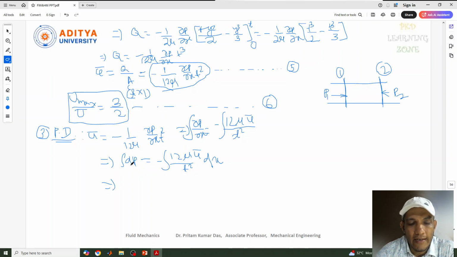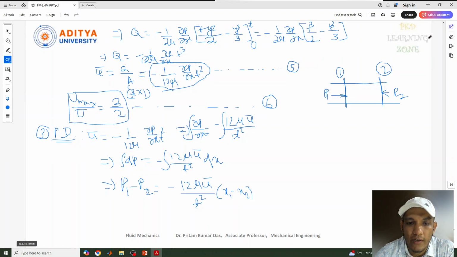See this in dp, the change in pressure, after integration we can write in this way: what is the pressure at this point and what is the pressure at this point 2, and here what I'll get, this is the constant value minus 12 mu, and this is u bar, divided by T square. Now integration of dx again we can write x1 minus x2. Okay, this x1 value is nothing but the distance we have taken.